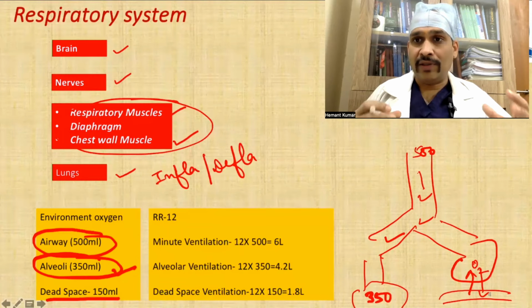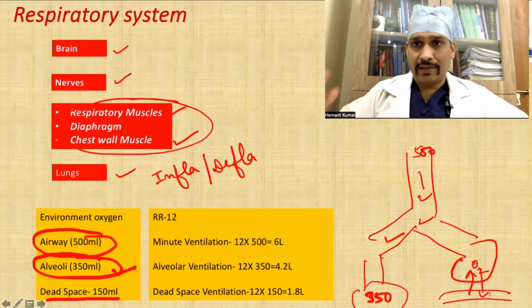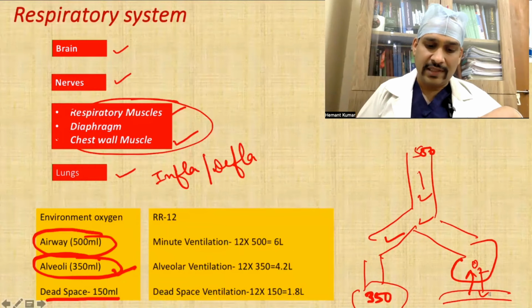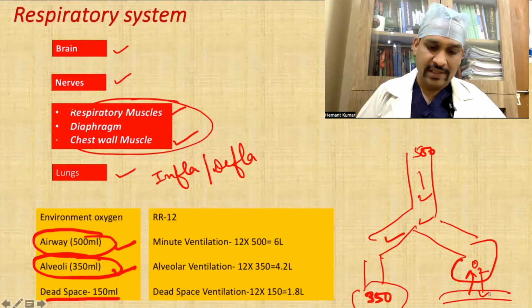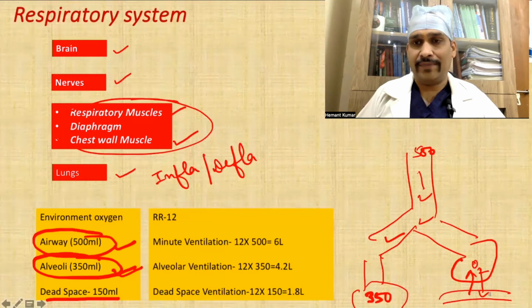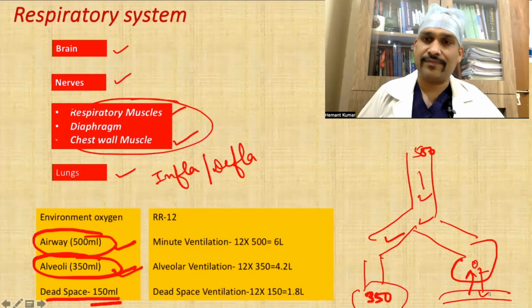So the air we take in one breath is the tidal volume, the air that takes part in gas exchange is alveolar ventilation, and the remainder, which is wasted because it does not take part in gas exchange, is dead space.